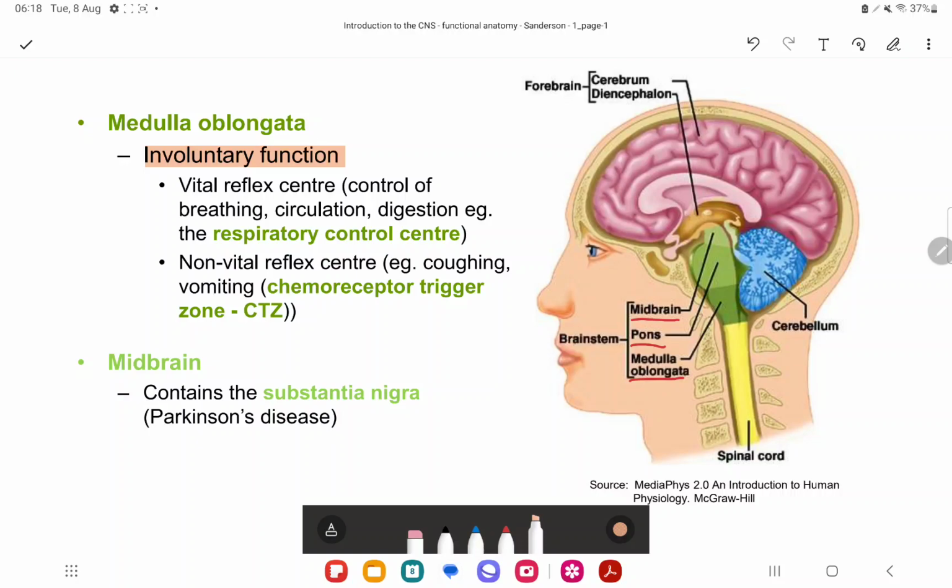With the medulla oblongata, she has written vital reflex center. So what she was basically saying is that it contains vital reflex centers.